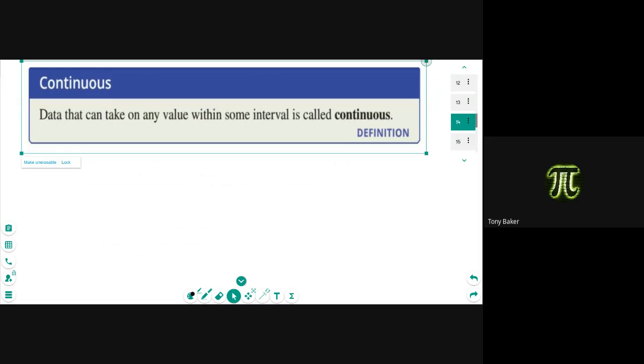The data was very specific points. The temperature on the bottom was continuous data. The values between those points had some meaning. So when you have continuous data, the lines make sense. When you have discrete data, the lines don't make sense. So understanding what type of data you have is going to have an impact on the types of graphs that we're going to use next class.